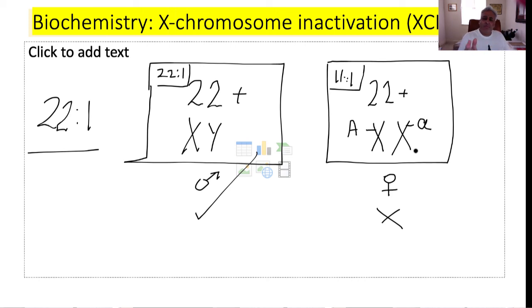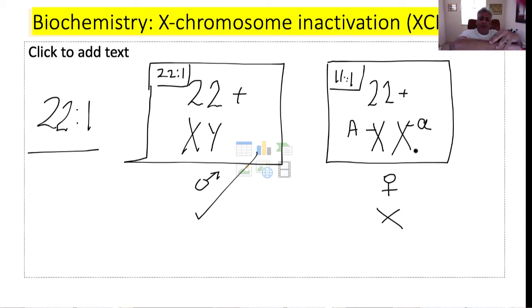then whichever X chromosome is turned off in that particular cell will then be inherited by all the other descendants of that cell. So you can imagine that you haven't started forming the arm of the baby yet, but you have a small bud in the embryo, and that's going to give rise to the arm.